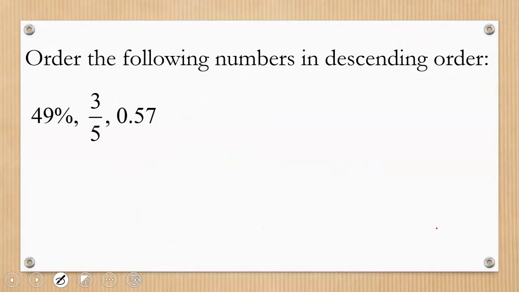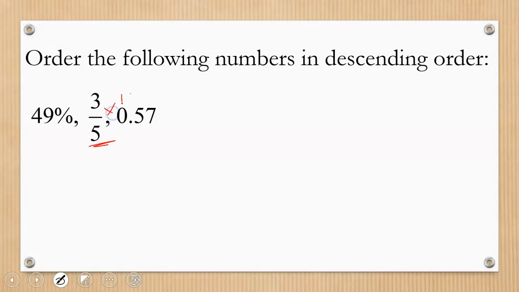Now let's look at another example. Here we are to order the following numbers again in descending order. So for descending order, again, I can choose to multiply everything by 100 to get my percentage form.